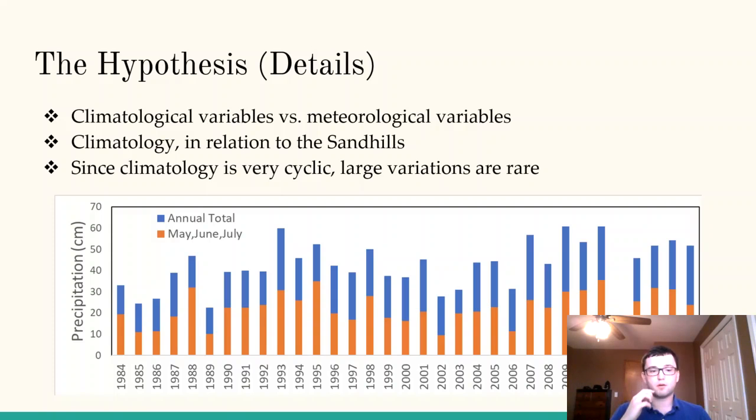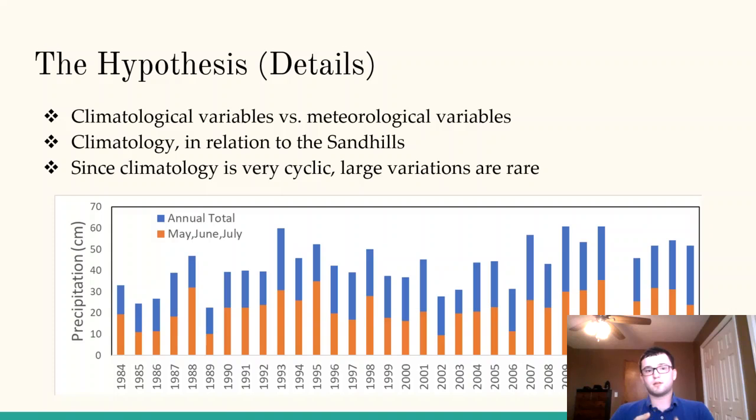For this study, we are looking specifically over about the span of 30 years, but a more powerful analysis would be over the span of, say, 50 years or 100 years, if we could get that data. So that's climatological variables. Meteorological variables are over the span of an hour, a day, or a week.